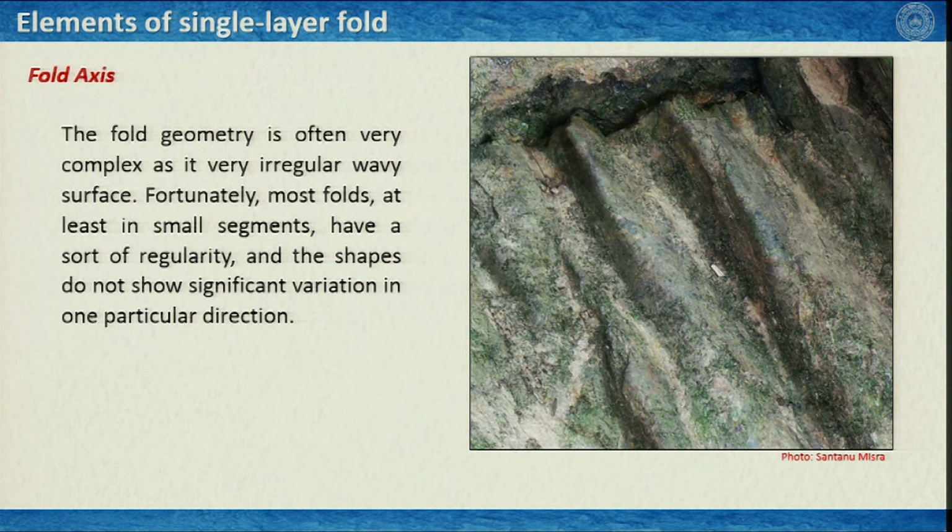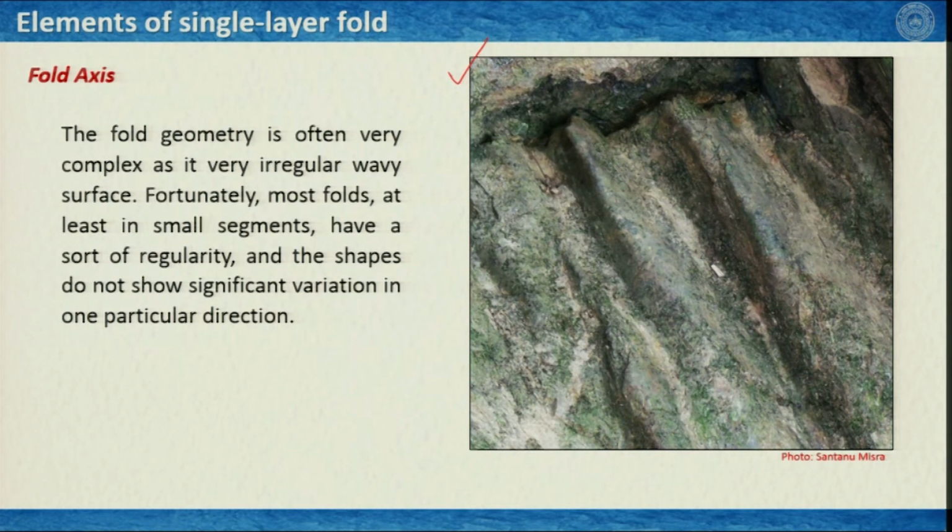This is because the fold geometry is often very complex and an irregular wavy surface. It is not just a typical sine curve that you can think of, which is consistent in its third dimension. And this photograph we see here is an excellent example of such irregularity.